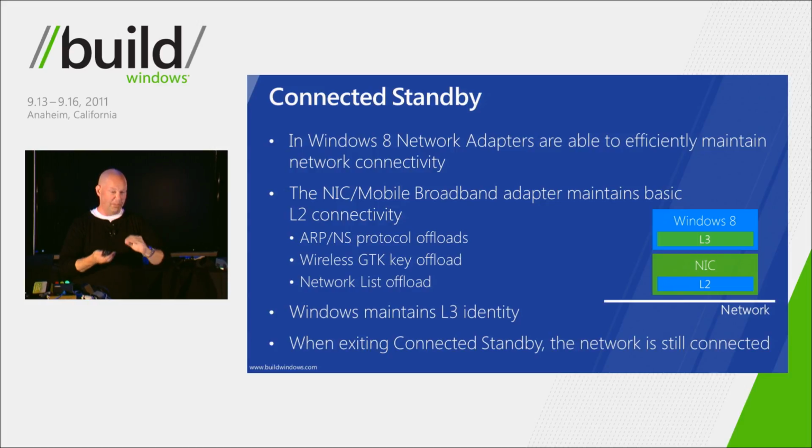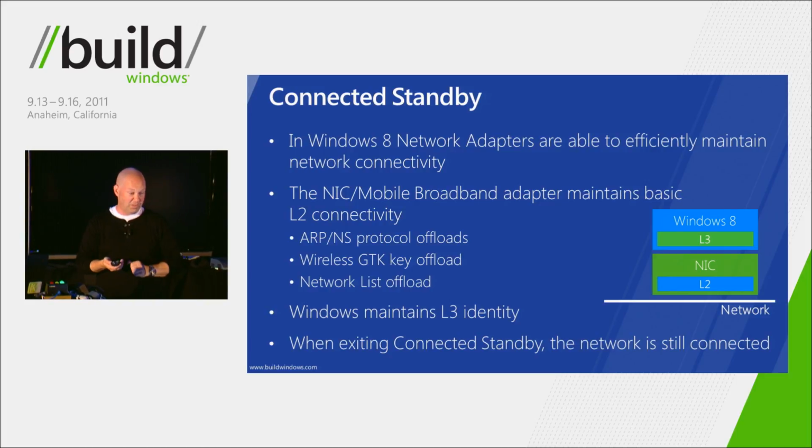The network adapter is going to do that autonomously, maintaining that layer 2 connectivity. That means it's maintaining the connection to the access point, and things even below that. But not just that, it's also going to be doing things like ARP or NS protocol offload when you're in connected standby. A number of offloads that you probably heard about in Drew's talk earlier today about understanding wireless networking in Windows. Now, along with that, Windows is maintaining in connected standby the L3 identity, basically making sure you don't lose your IP address.